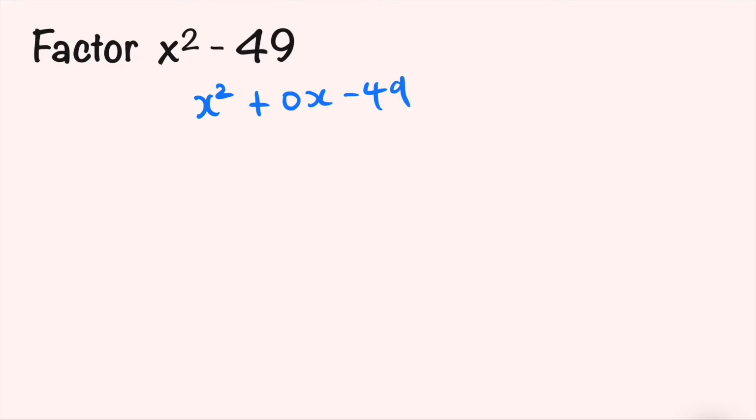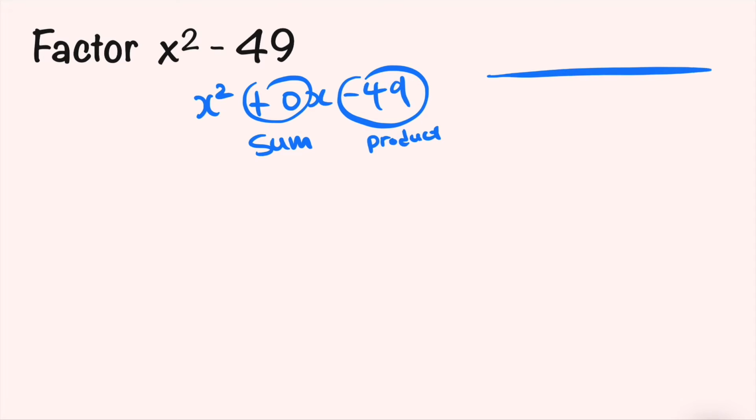I know that we didn't have 0x in the original equation, but since 0x is the same as 0, we can put it there. And now we can use our regular method of finding two terms whose product is negative 49, but whose sum is 0.